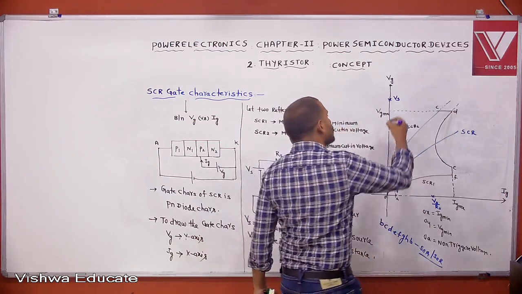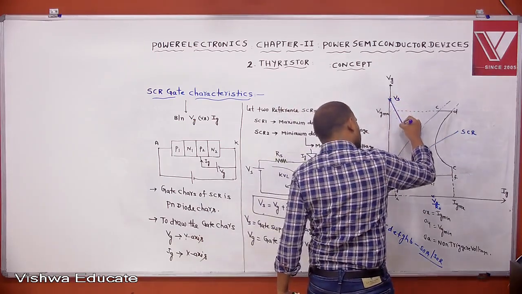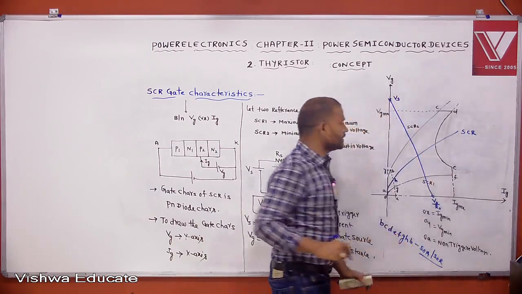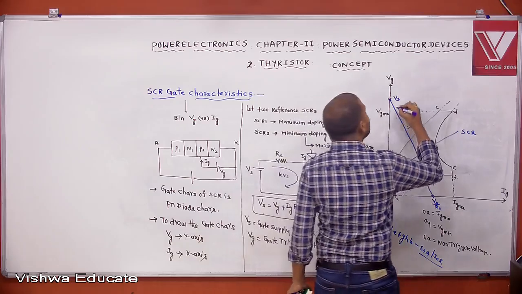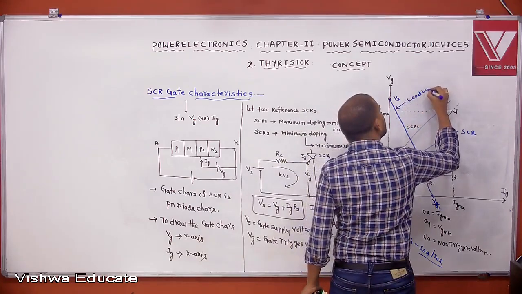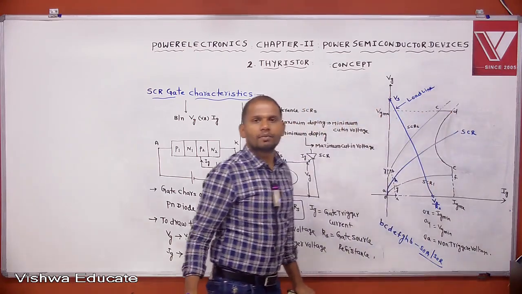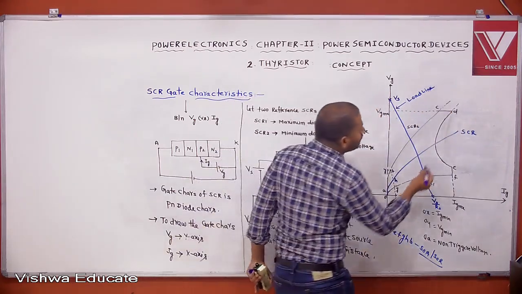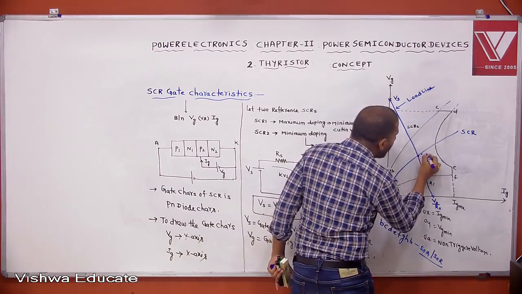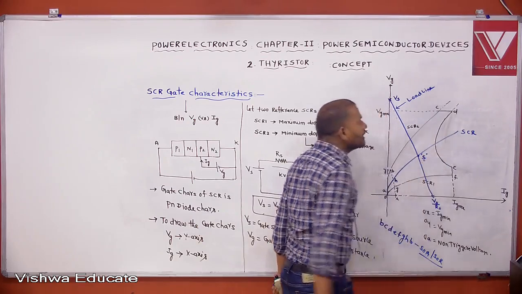Then join these two points. This line is called the load line. The intersection of the given SCR gate characteristics and the load line gives the operating point of the given thyristor.